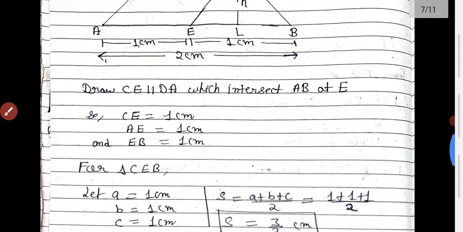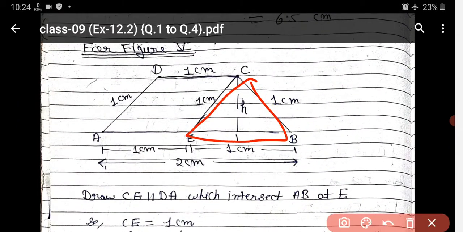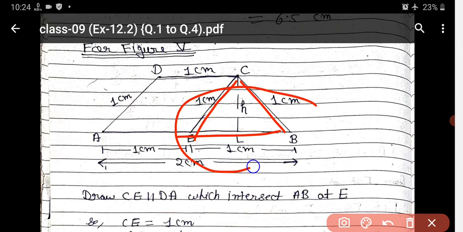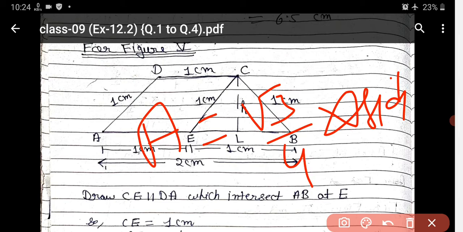I am finding the area of this triangle by using Heron's formula, because all sides are equal, 1 centimeter, 1 centimeter, 1 centimeter. If you want, you can also find the area of this triangle by using the area of the equilateral triangle formula, because all sides are equal now. So it is an equilateral triangle, and area of the equilateral triangle is equal to under root 3 by 4 into side square. It is the formula I am showing you here.